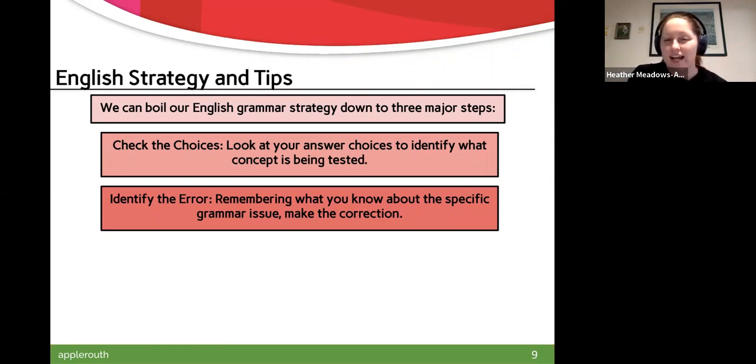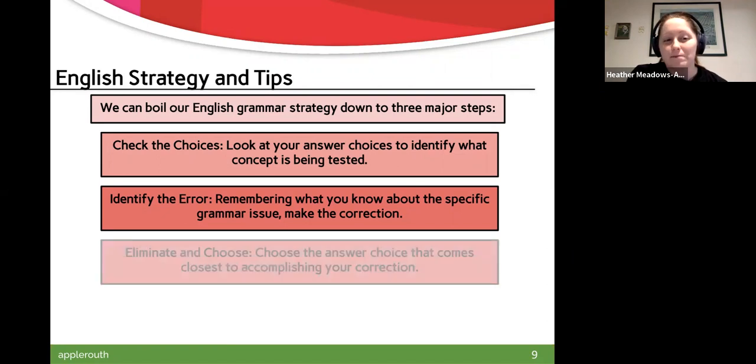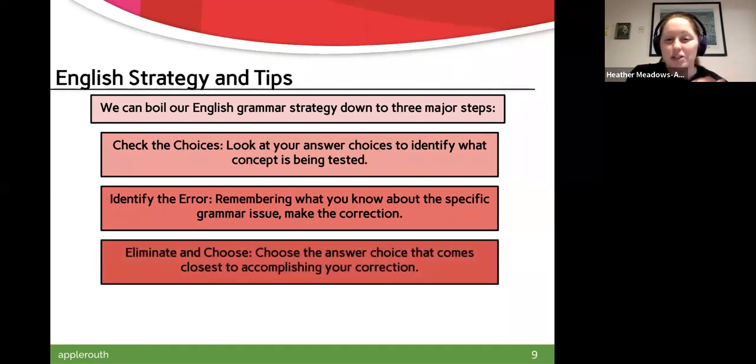What's the correct solution I have? Which of these don't work? Eliminate and choose, right? Choose the answer choice that comes closest to accomplishing your correction. Go through each of them and see, okay, does this fix a problem? Yes, but it can cause another problem, right? They could have something else they've changed instead. So the biggest thing is check the choices to see what you're being tested on, and then go from there and make sure you're checking each answer choice for correctness.